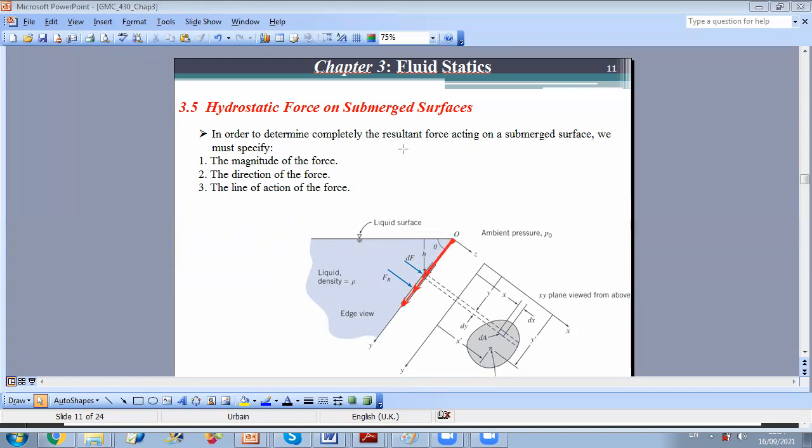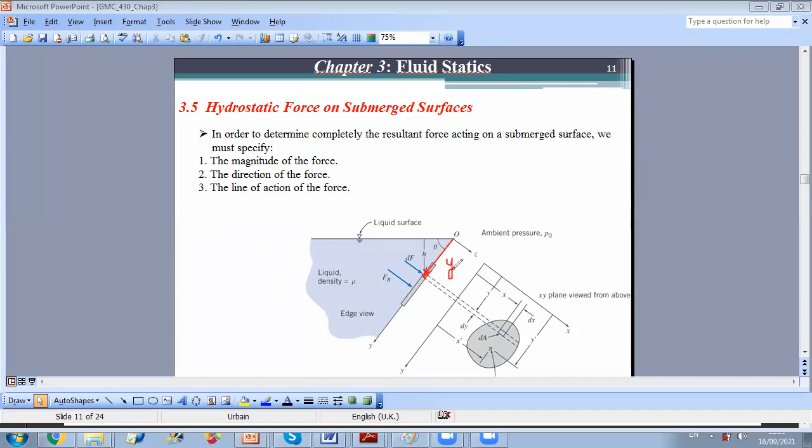So I will define at any location: if I am at this location, Y will represent the distance between the origin and the point I am located at, at a certain Y.